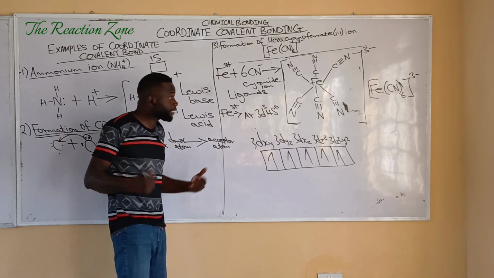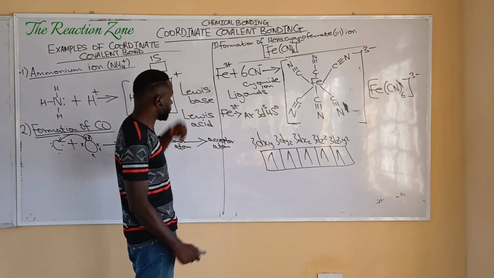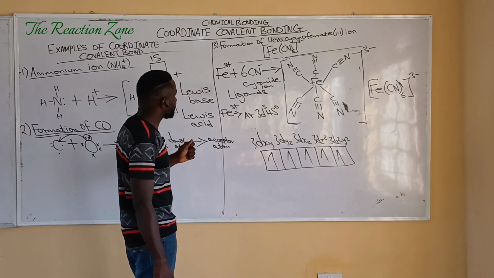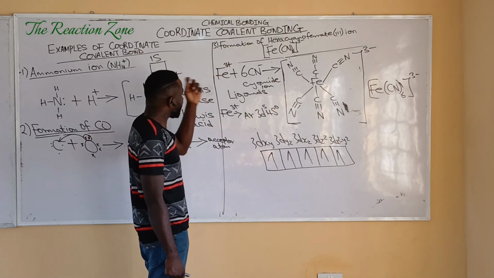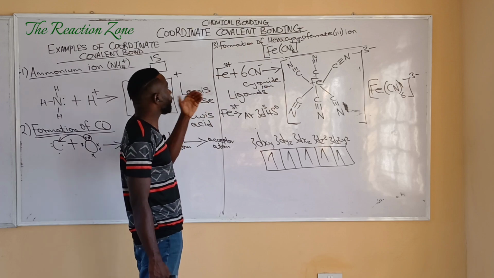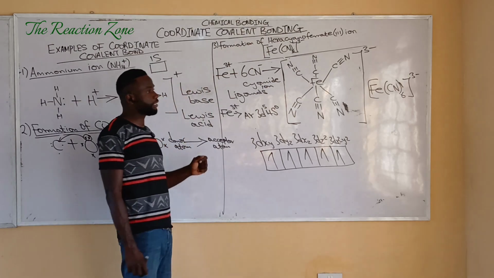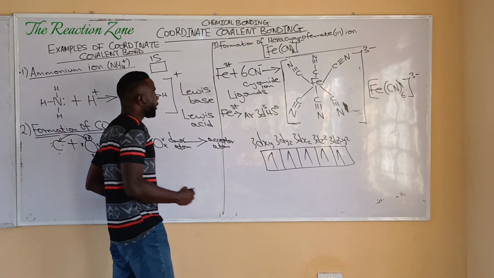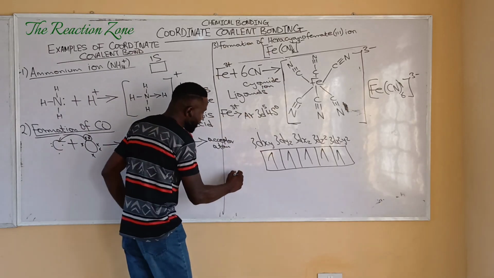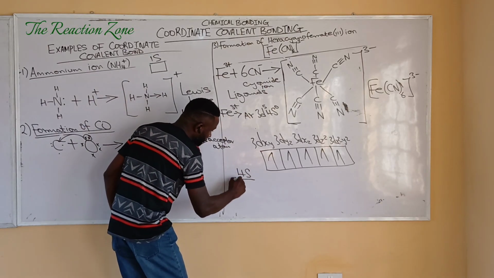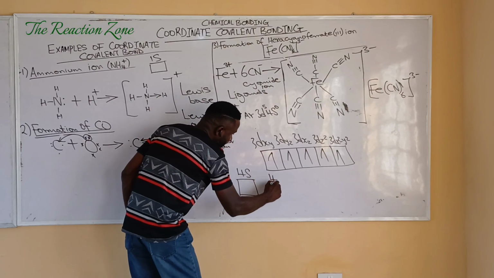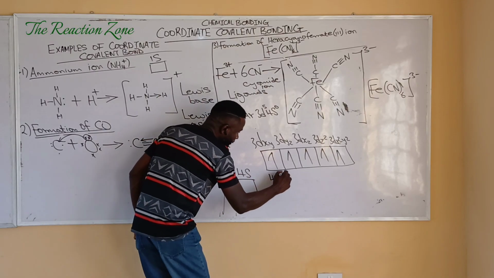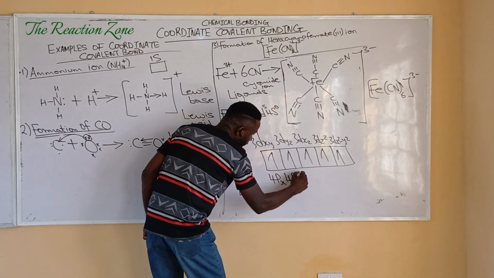For the central metal ion, which is iron 3 plus, to accept 6 lone pair of electrons from 6 cyanide ions, it is going to require 6 vacant orbitals. The Fe3 plus ion already has a vacant 4s orbital as well as 3 vacant 4p orbitals.